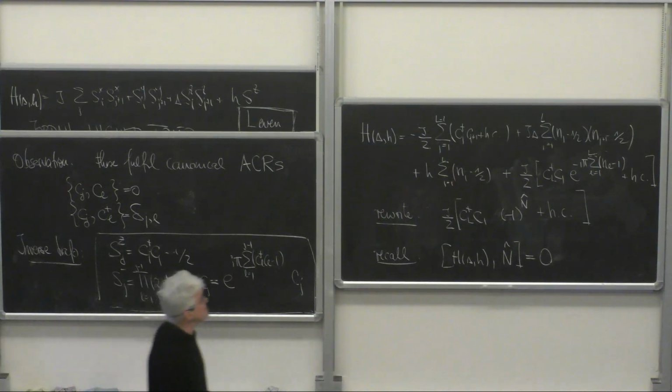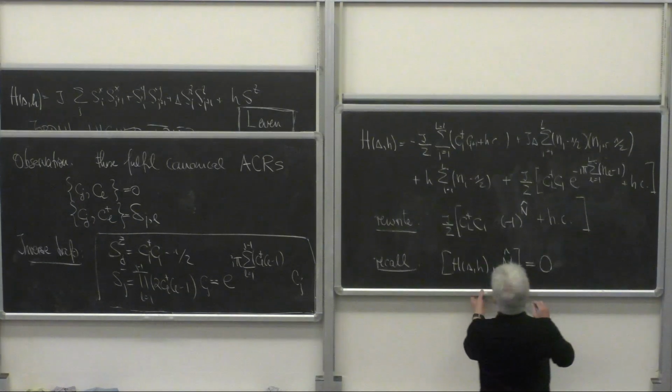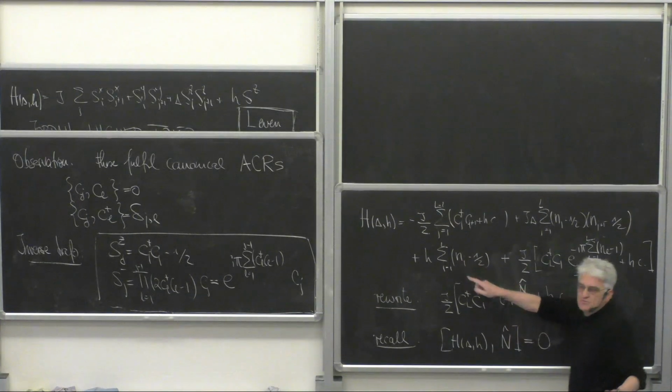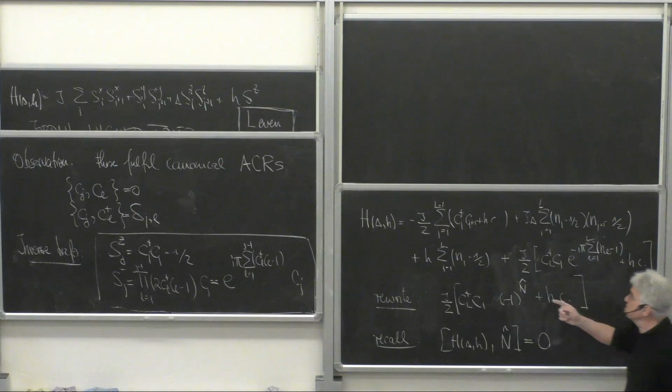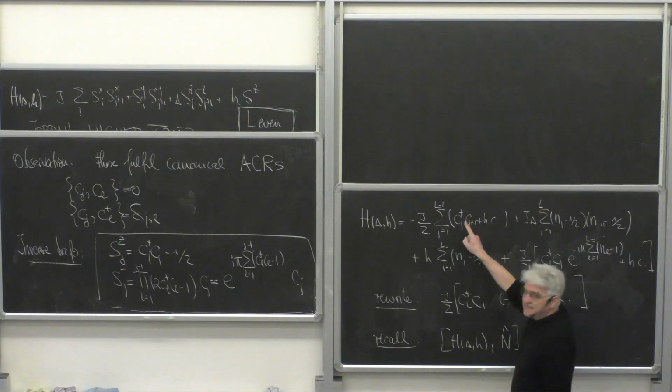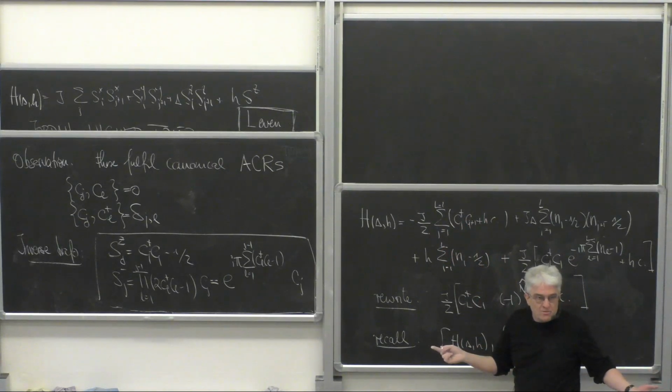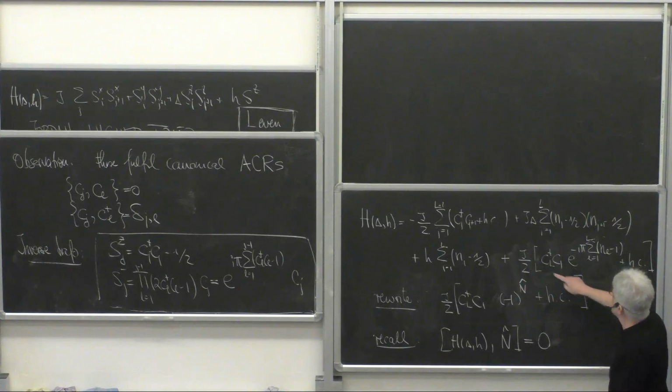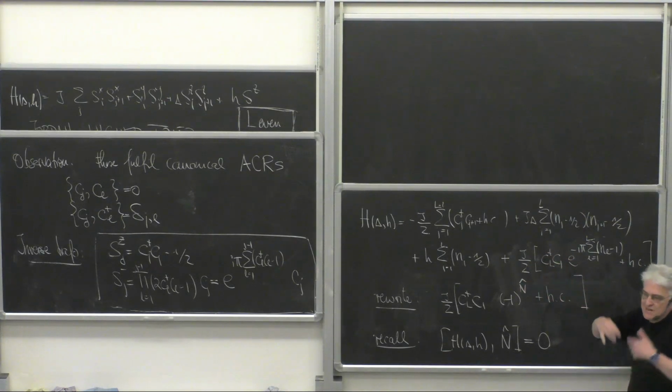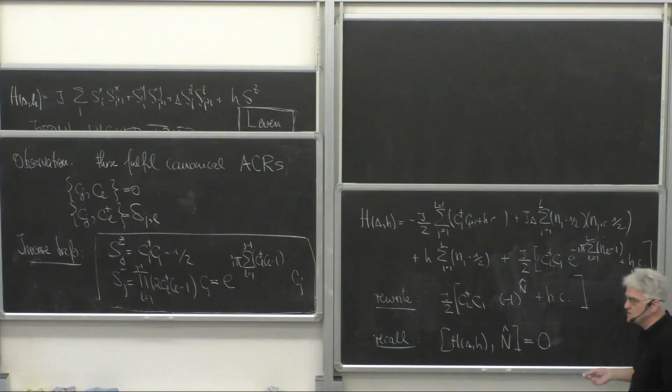You can see this also quite easily because number operators, of course, don't change the number of fermions. In the kinetic energy term, I don't change the number of fermions because I destroy one, but I create another one. And here it's the same. I destroy one, but I create another one, so I don't change the number of fermions.